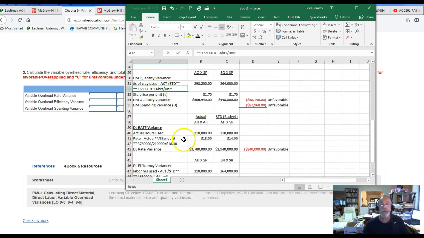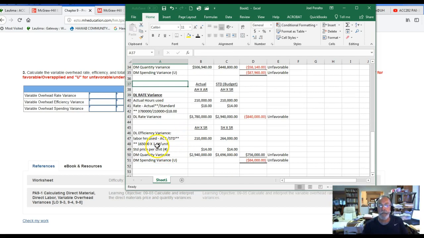See, even I got confused there. This is the materials calculation, which was pounds. Oh, we're down here in the labor calculation, which is 1.6 hours per unit.